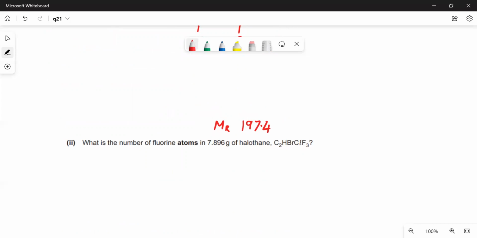So moles of halothane is going to be the mass over the MR. That's 7.896 divided by 197.4, and that works out to be exactly 0.04 moles of halothane.